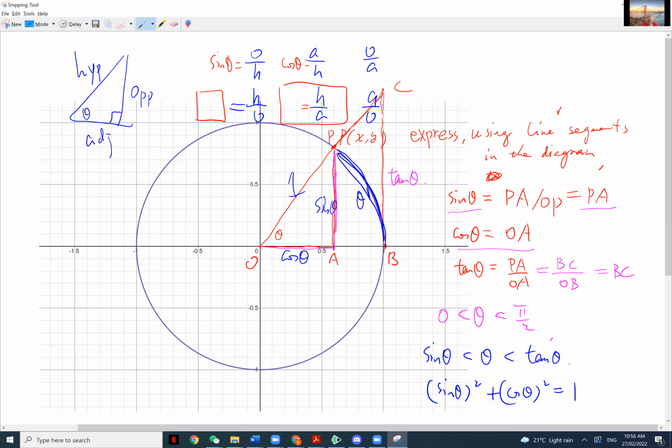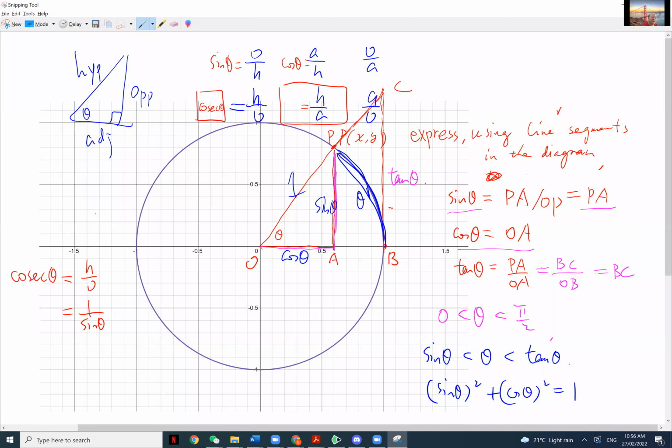It's 1 over sine, you're right, but a new name called the cosecant. Cosecant. H over O, you can say 1 over sine, but we have a new name, cosecant theta.